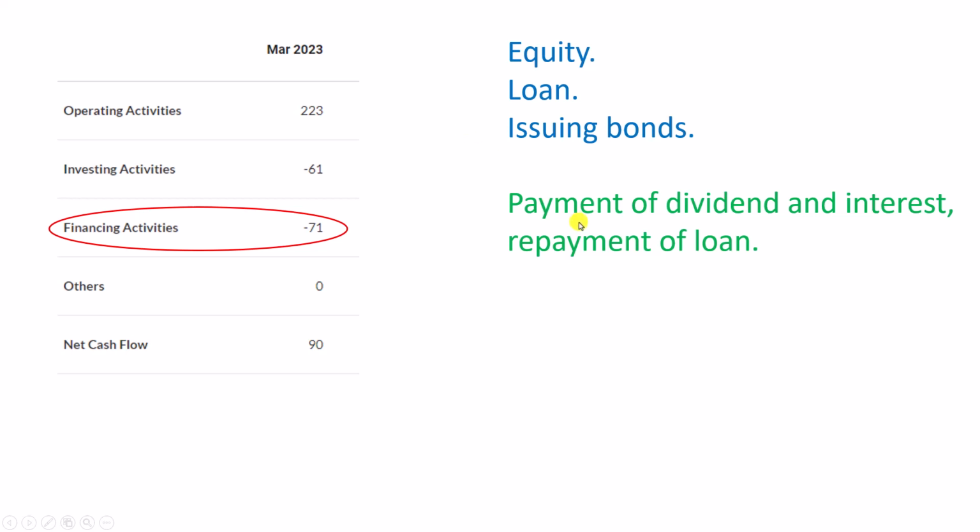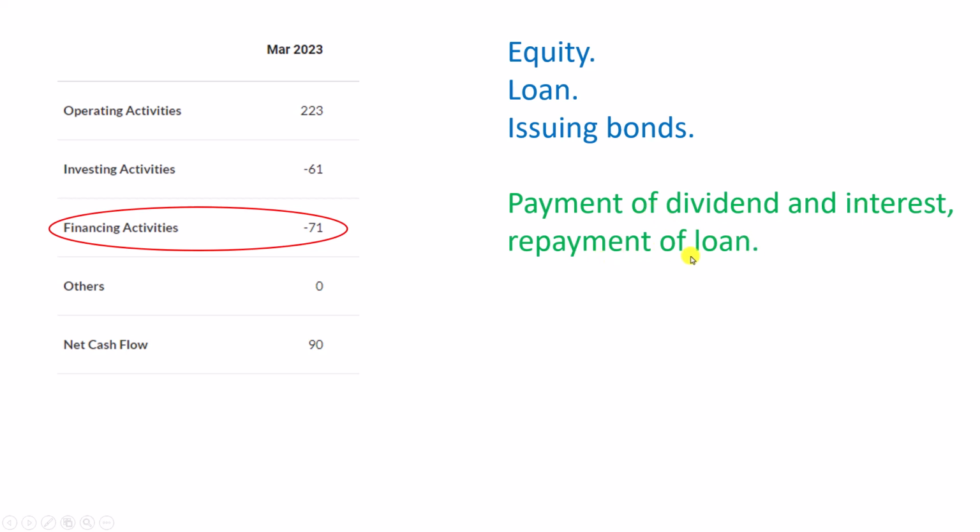If the company pays dividend to its shareholders, or if the company pays interest on a loan, or if the company repays any loan, then that would mean money has gone from the company. So this is negative. Okay.